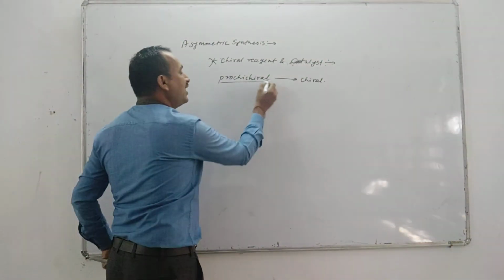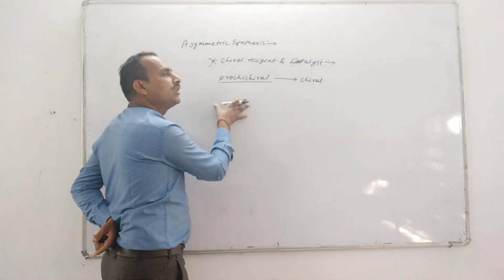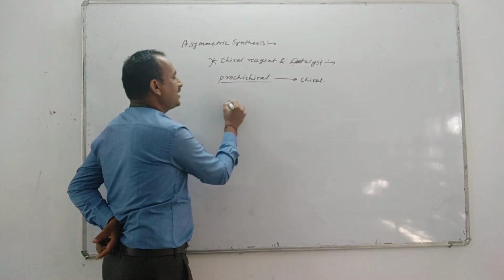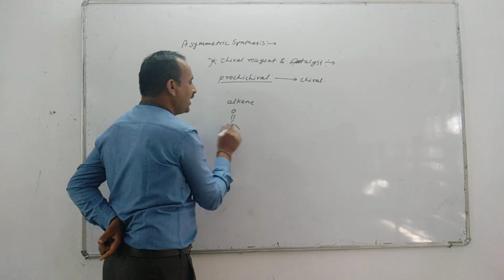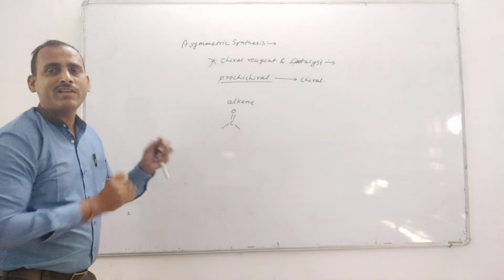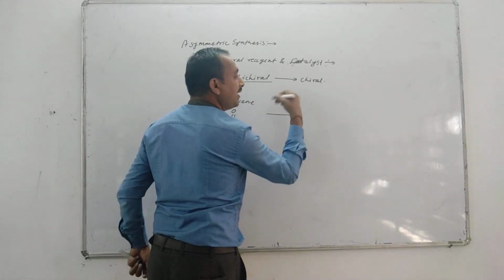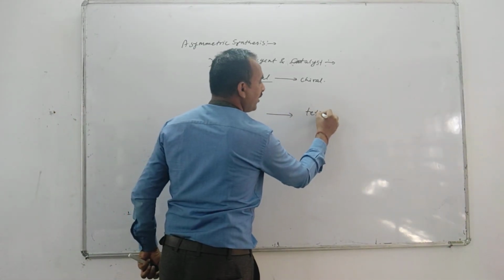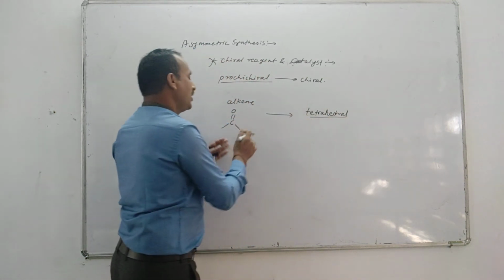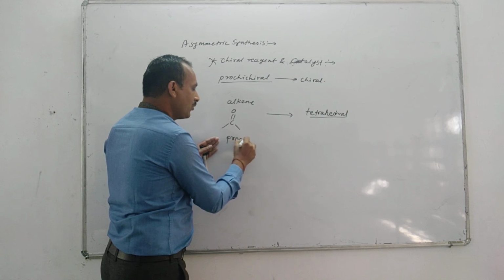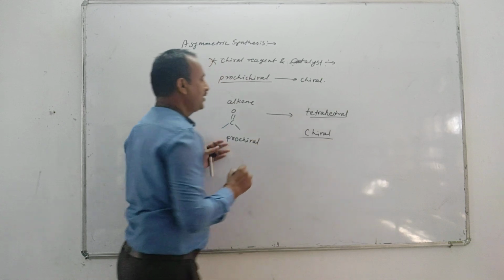The prochiral unit we use here is trigonal planar, such as alkene or carbonyl compounds, having sp2 hybridization, and it is converted to a tetrahedral structure, meaning the prochiral compound is converted to a chiral compound.